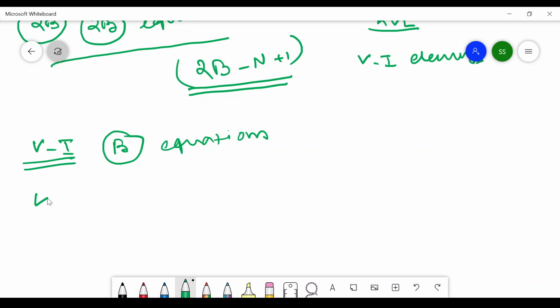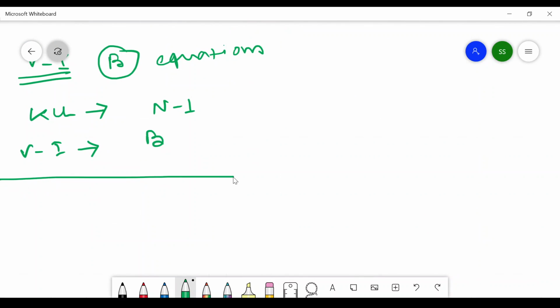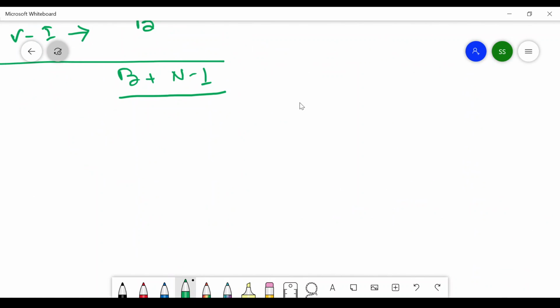So from KCL we get n minus 1, and from VI characteristics we get b equations. Okay, so the total number of equations we have so far from KCL and VI is b plus n minus 1, while the total required is 2b.